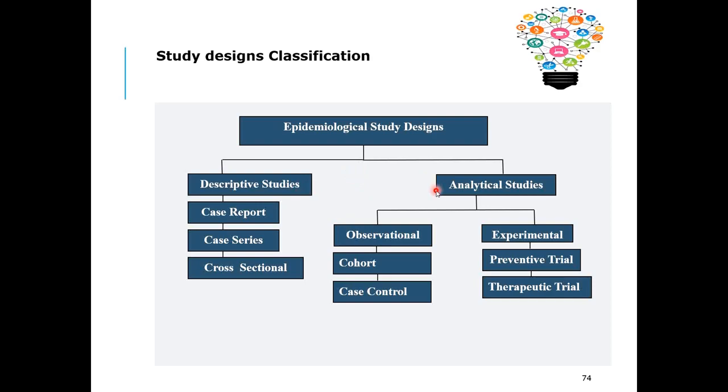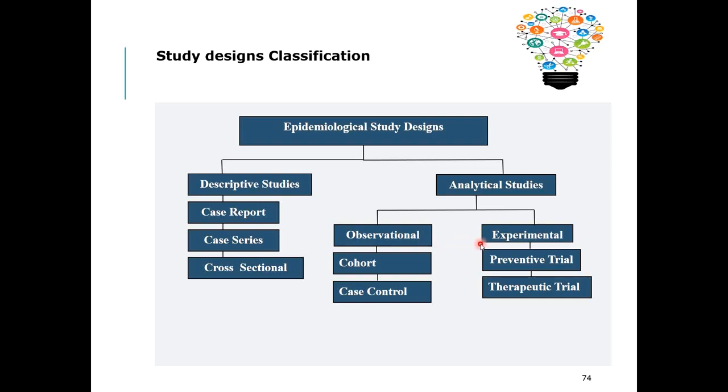As I have already mentioned, the analytical studies are those studies in which the researcher wants to find out the associations, the relationships, the causations, and he wants to accept or reject his hypothesis. Analytical studies are further divided into two major categories: observational studies and experimental studies.